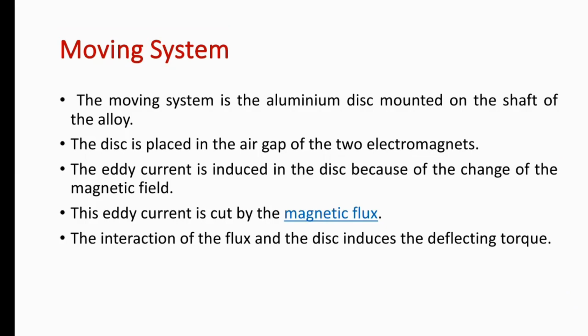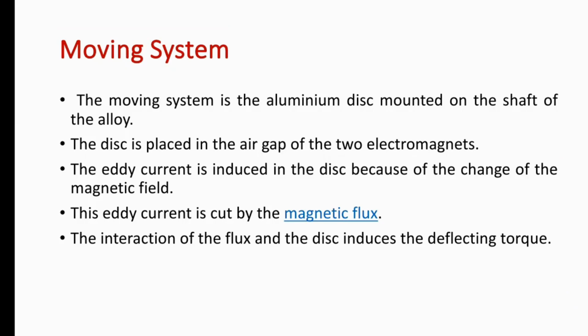So how does it work? The moving system is the aluminum disc mounted on the shaft of the alloy. The disc is placed in the air gap of the two magnets. Eddy current is induced in the disc because of changes in the magnetic field. The upper coil produces one type of flux and the lower coil produces another type.